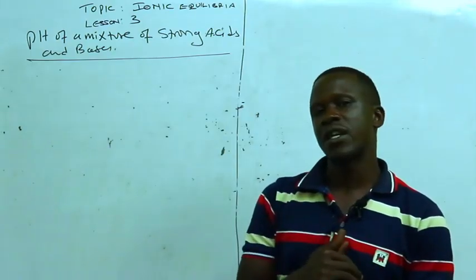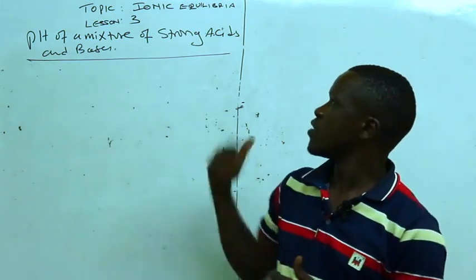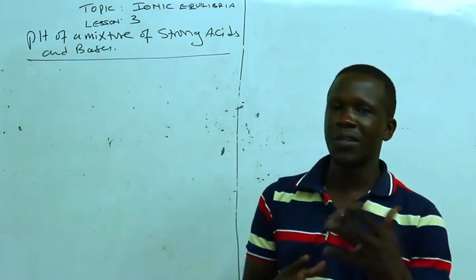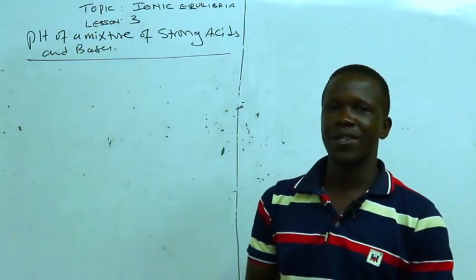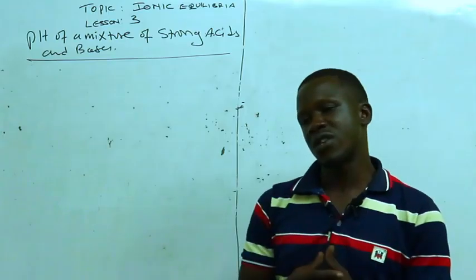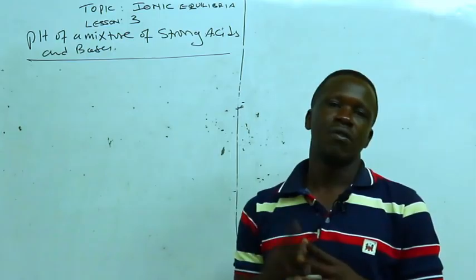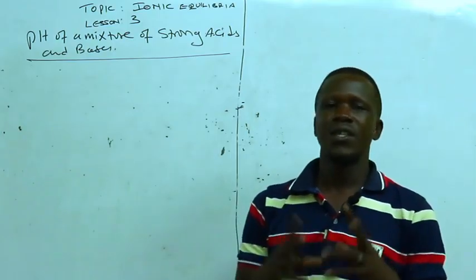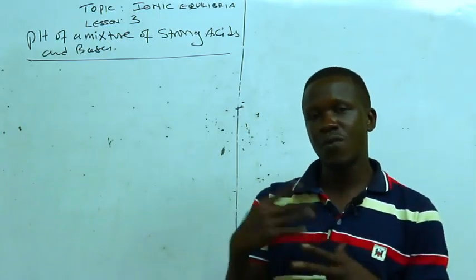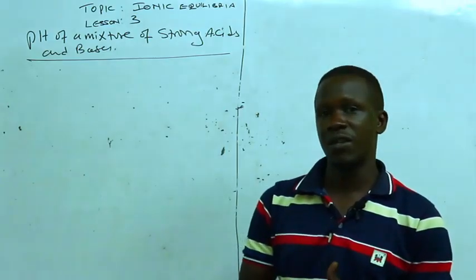Now, one thing that we need to know is that once we mix a strong acid and a strong base, of course a reaction will occur, and that's a neutralization reaction. And when a neutralization reaction occurs, if the molar quantities of the acids and bases are not equal, then one of them will remain in the solution as unreacted.